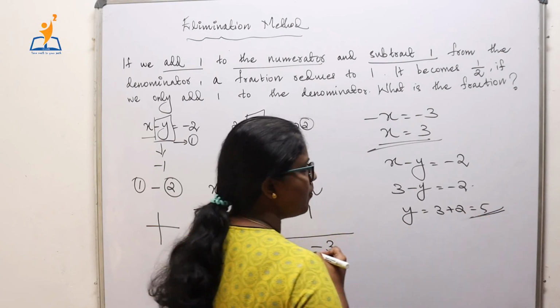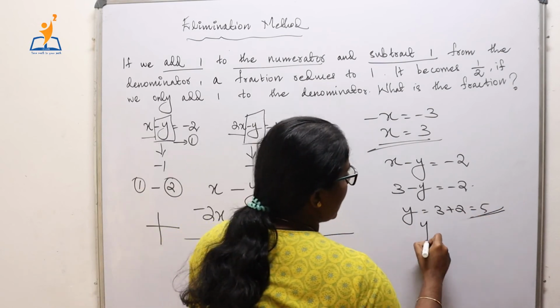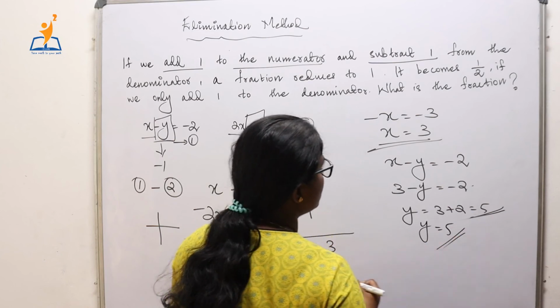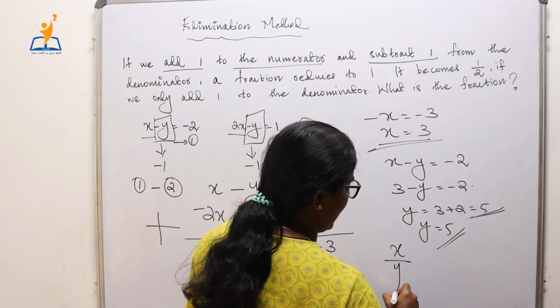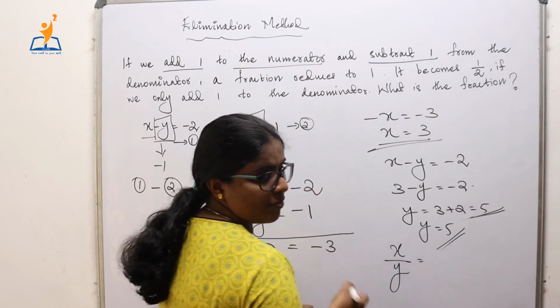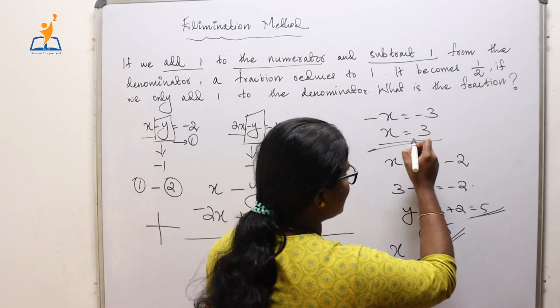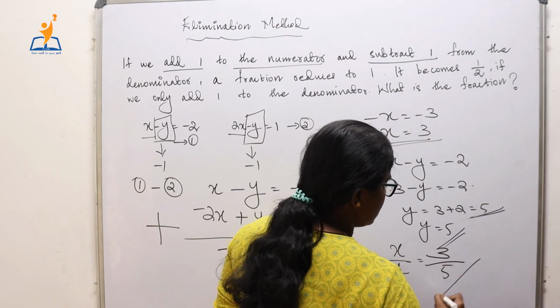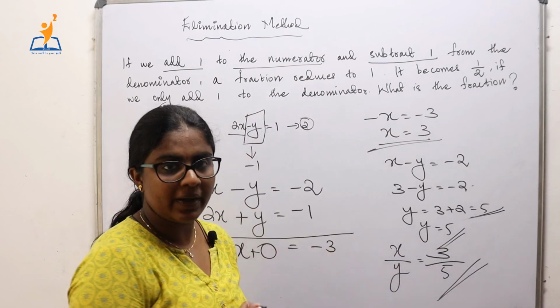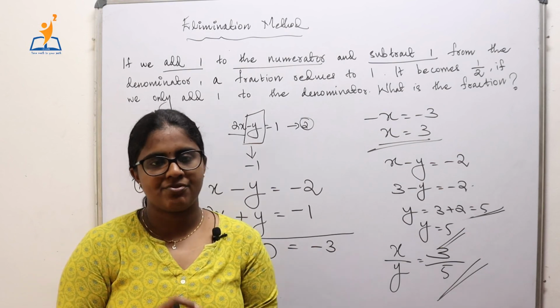So we got y is equal to 5 and x is equal to 3. So our fraction was x by y with x as numerator and y as denominator. So we got numerator as 3 and denominator as 5. So our fraction is nothing but 3 by 5.